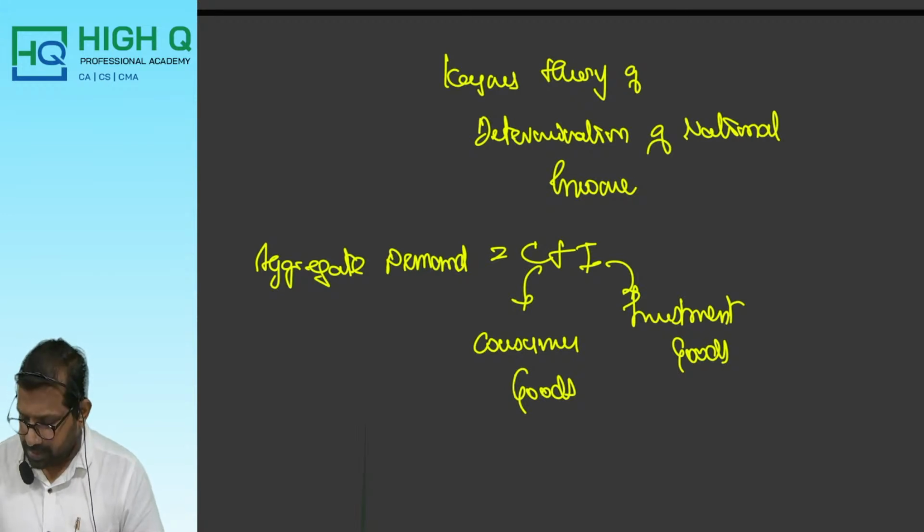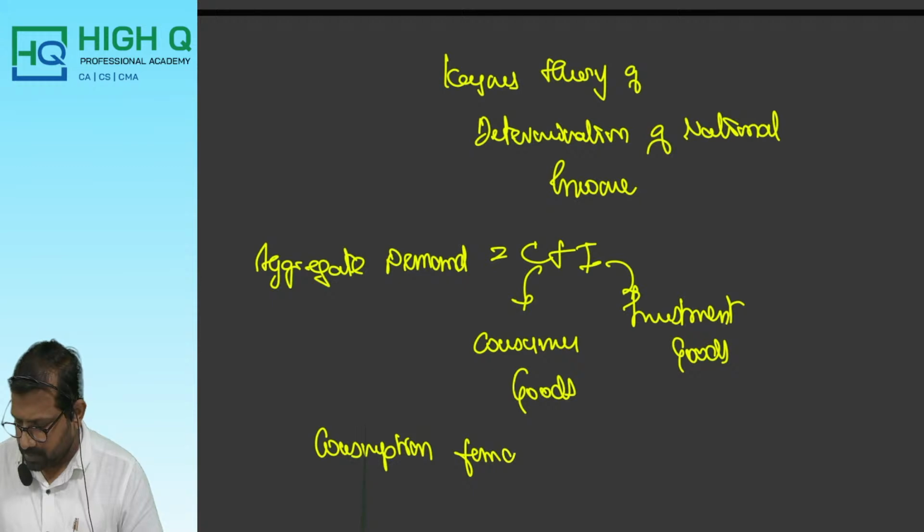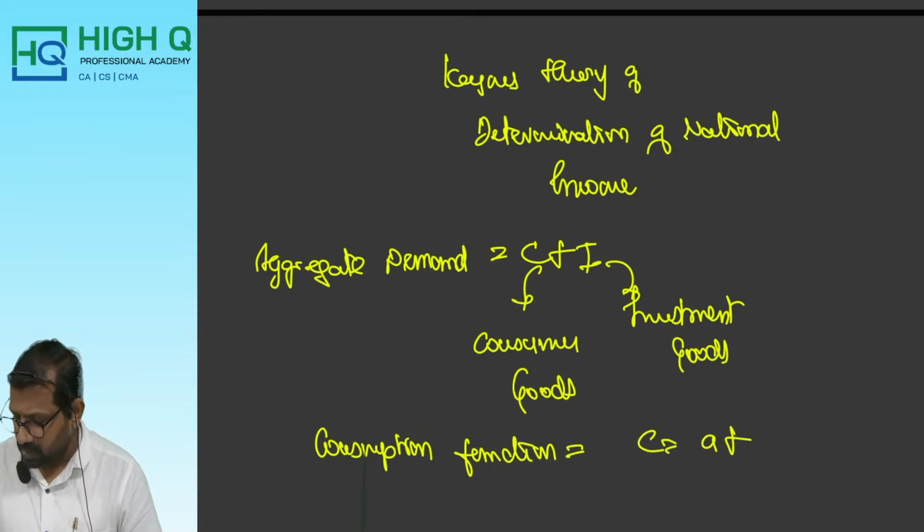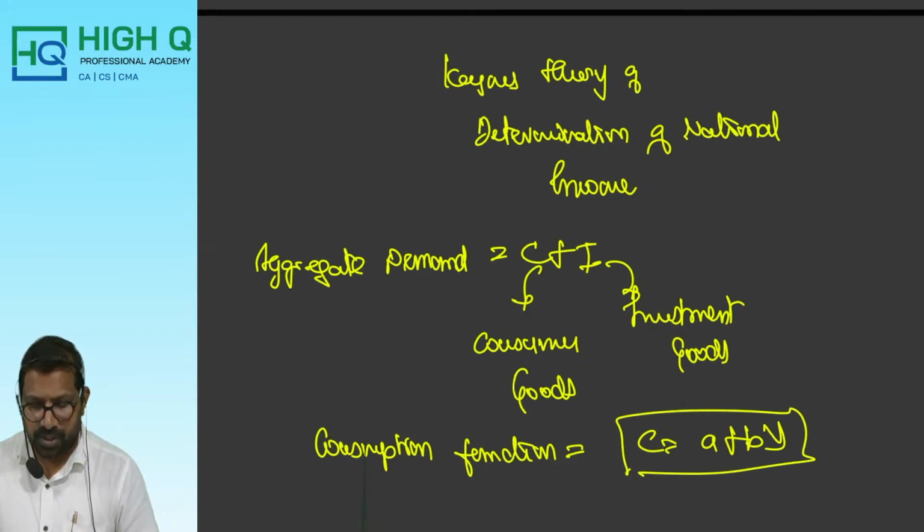Then the next one is the consumption function. What is the formula for the consumption function? C equals A plus BY. Again, another important question: the formula to calculate the consumption function.